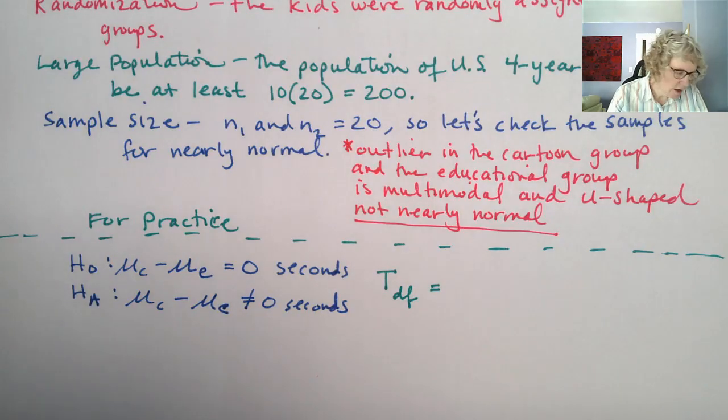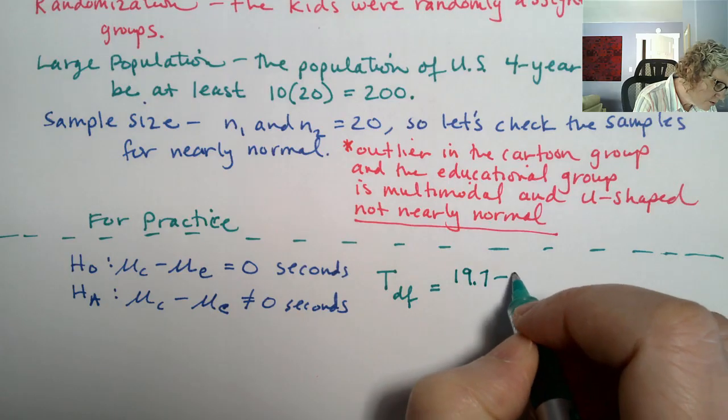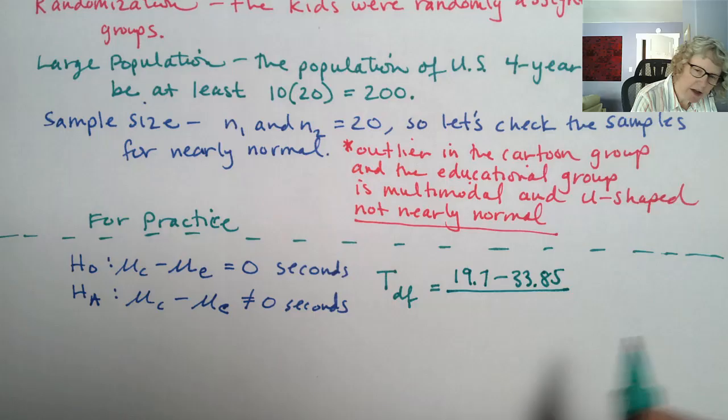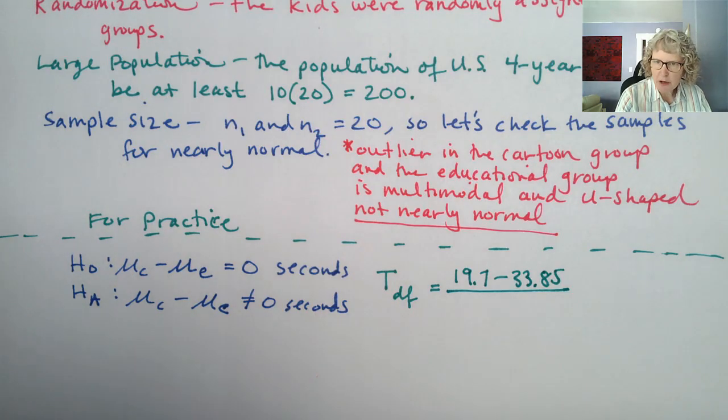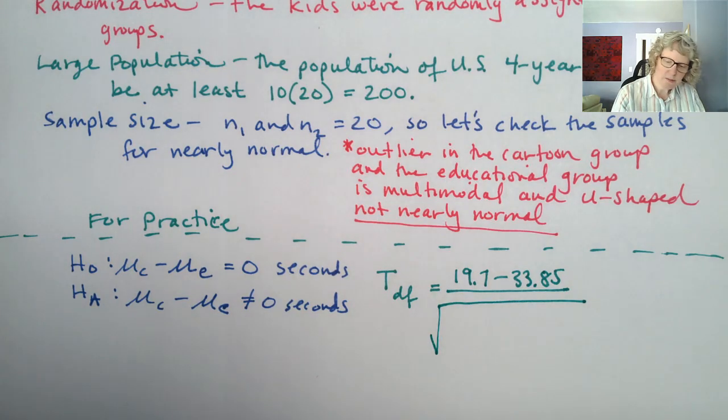Okay, so we had 19.7 minus 33.85, or we could write the subtracted value we already know, minus 0. You can write that or not, it's up to you, over this big square root.